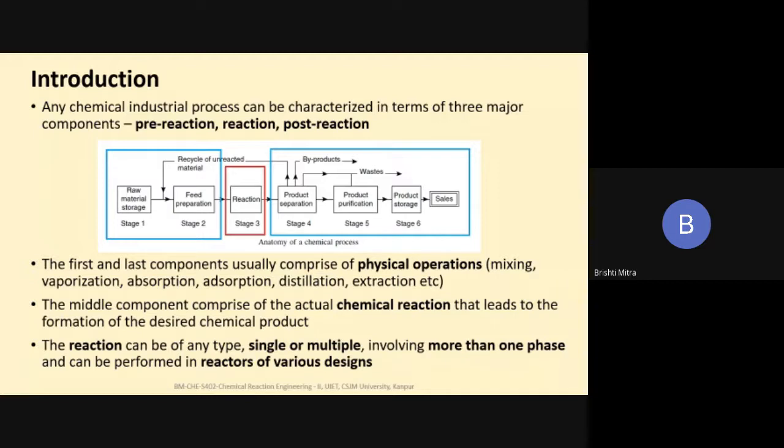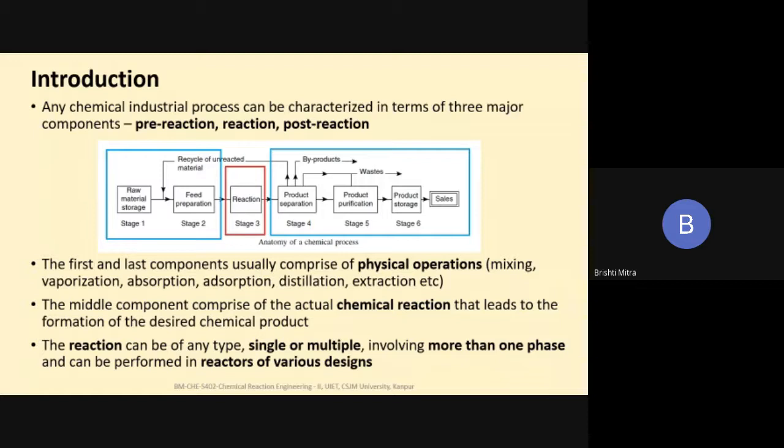In the post-reaction section, once the reaction happens, the products which come out are often mixed with unreacted reactants in case our conversion is not 100%. We might have some side reactions where we have some byproducts, or there could be some waste products, undesirable materials, which are also formed.